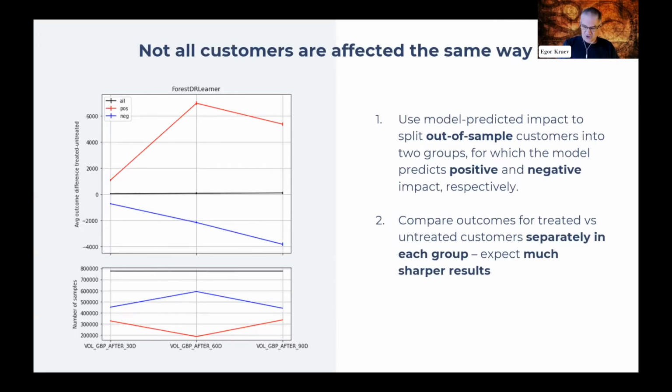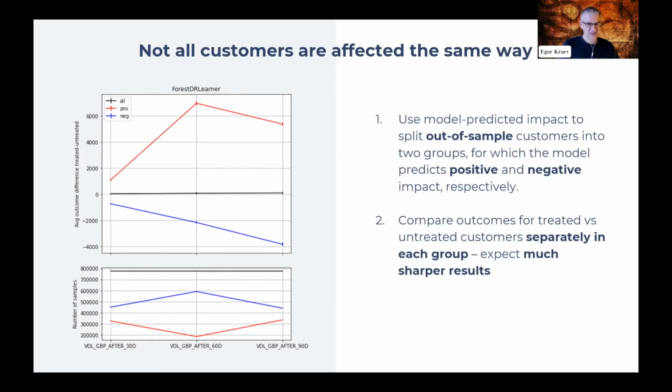Now, out-of-sample, it tells us which customers we should send this email to, and which ones we shouldn't. And then in those two subsets, we can do a naive estimate of the outcome. The naive estimate in each case is just the average difference between treated and untreated customers. So the intuitive thing.